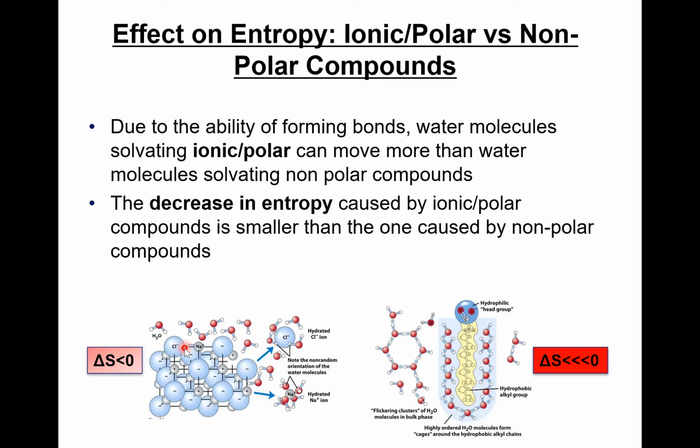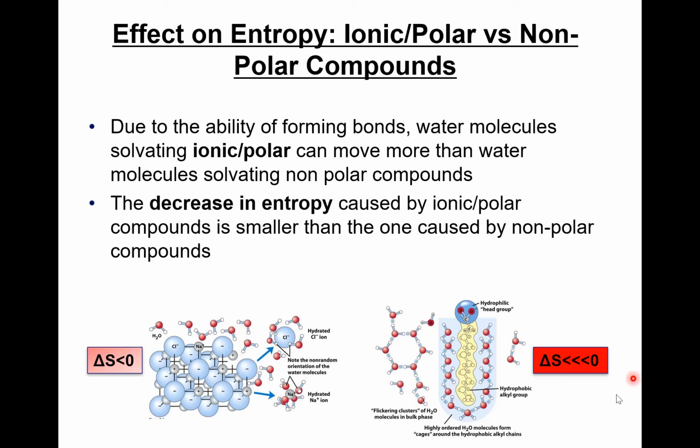So there is some reduction in the freedom of movement of these water molecules when they're solvating, when they're around the polar or the ionic compound. However, there is still some freedom in that case. So the ability to move is reduced with some compensation when this molecule turns around, forming the hydrogen bonds and so on. Again, because there is a reduction in the freedom of movement, entropy in this case is going down. Not dramatically, but it's going down.